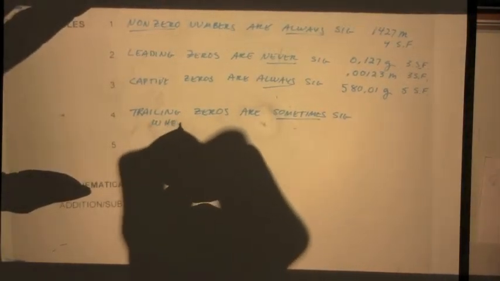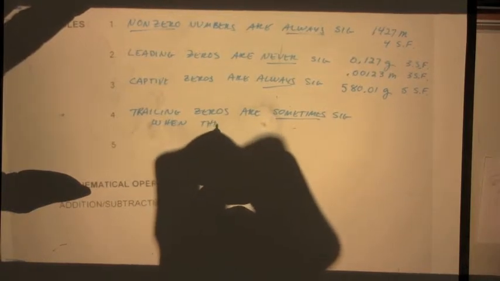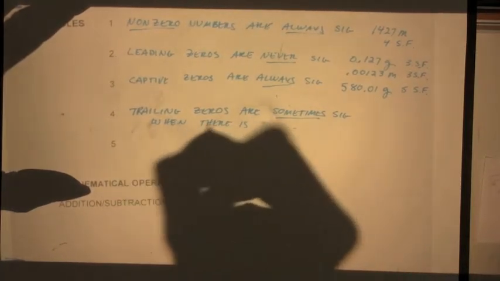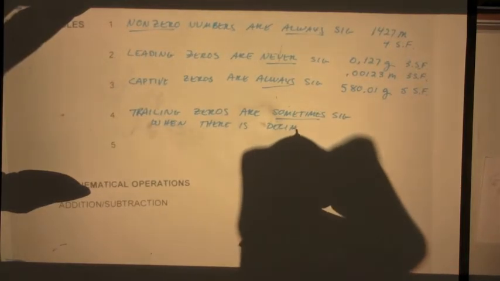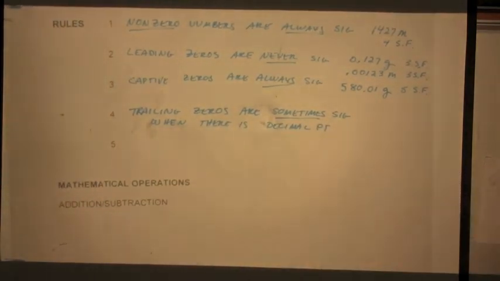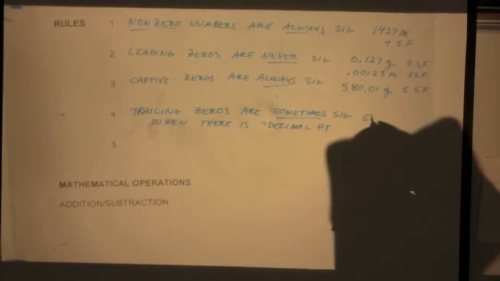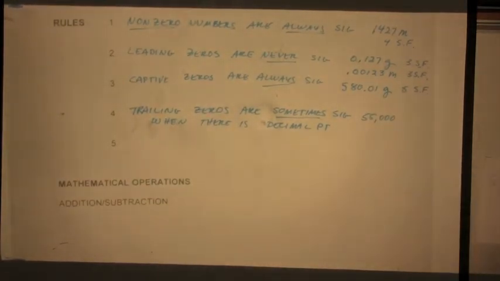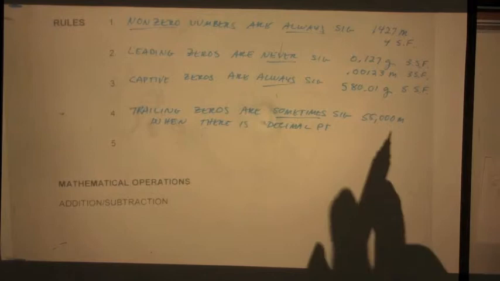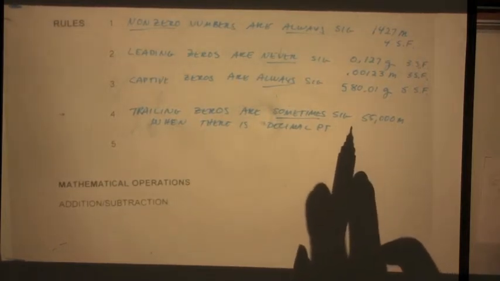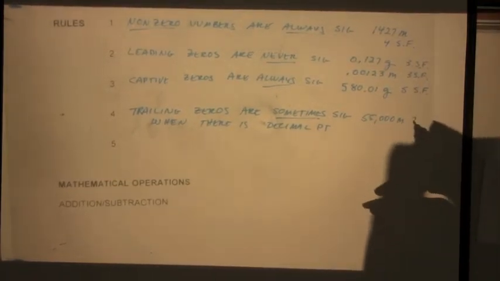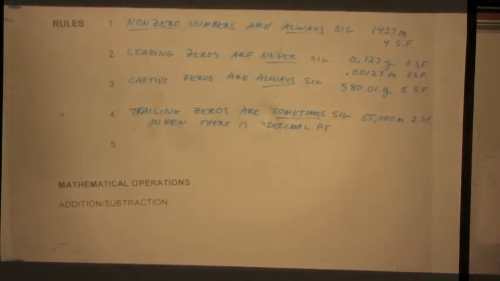Yes, when there is a decimal point. So we have a situation with, let's say, 55,000 meters. These are trailing zeros. There's no decimal point indicated, so there are only 2 sig figs represented by the measuring device.